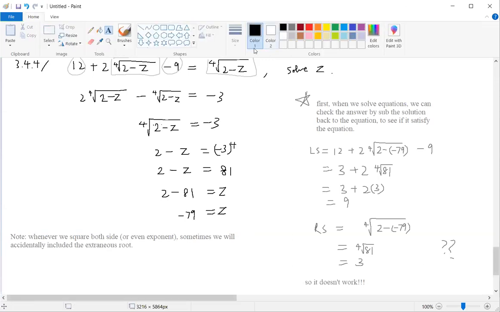For instance, an example. Let's say we want to solve root x equals 2. We square both sides to solve it, so x equals 4.